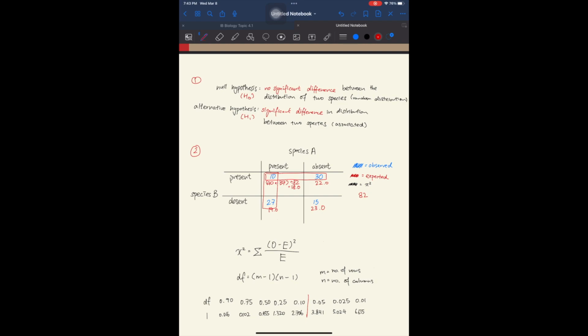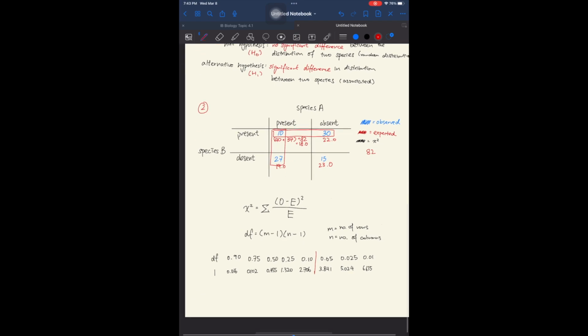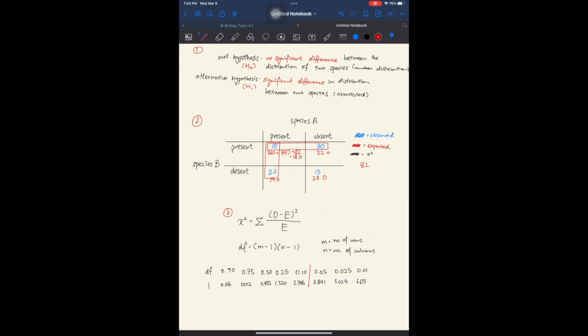After we've constructed our table of frequencies, we will apply the chi-squared formula. The chi-squared formula is here, which is basically the sum of observed minus expected, squared, divided by the expected frequency, and then we add up the values for each cross here.